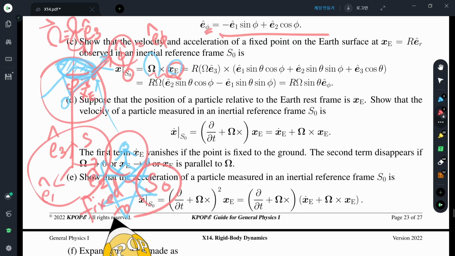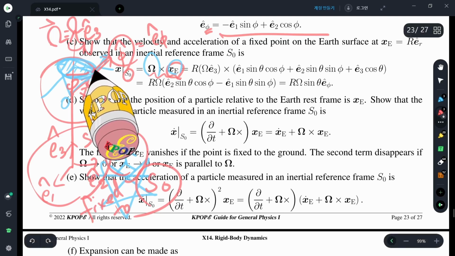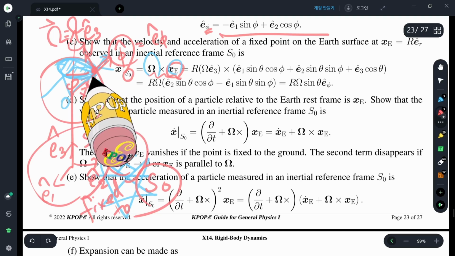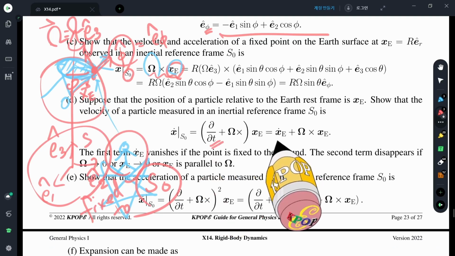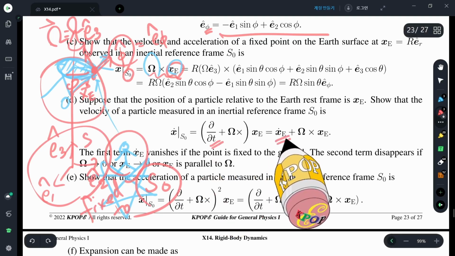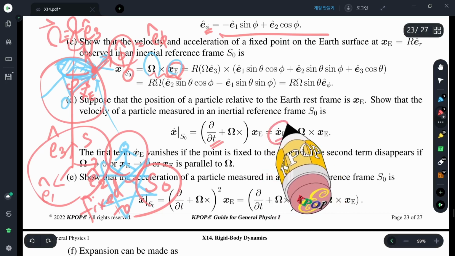In addition, we can consider an object that is not fixed but moving relative to the Earth. Then we describe this with the partial time derivative. On the Earth, it is moving with some velocity, and on the Earth we can see only this one.